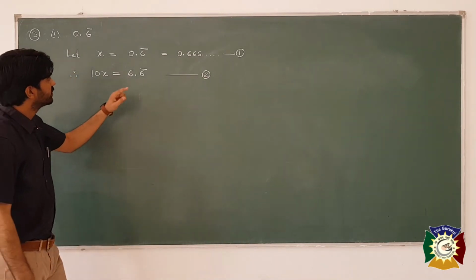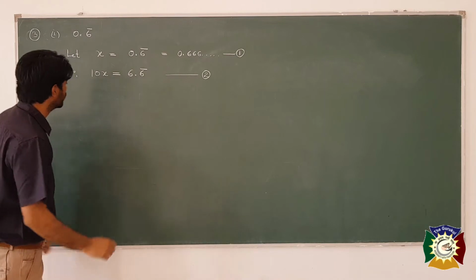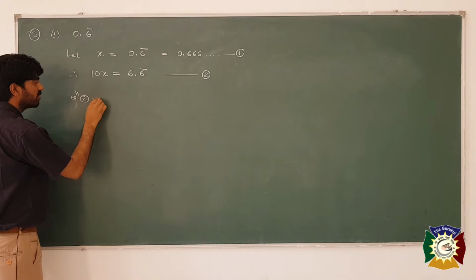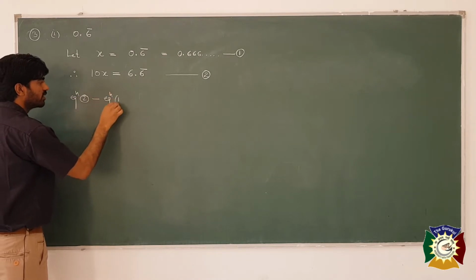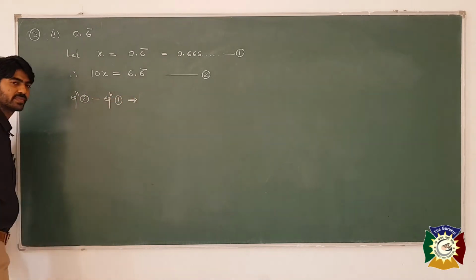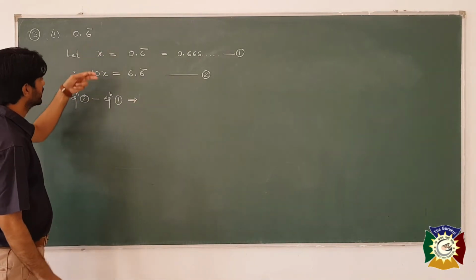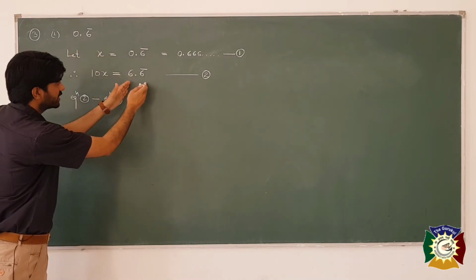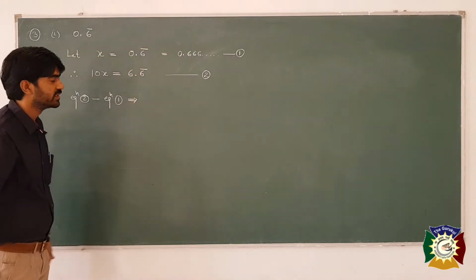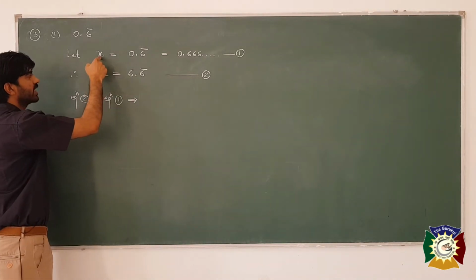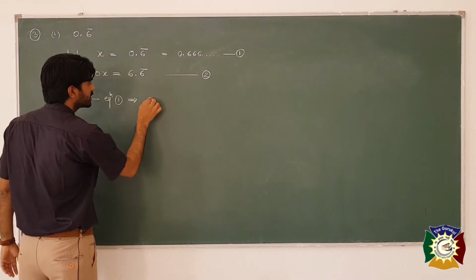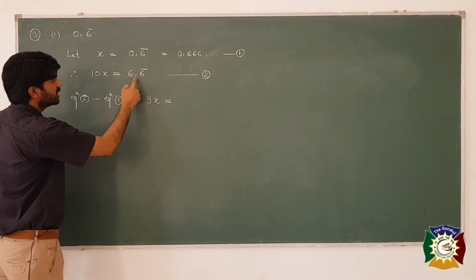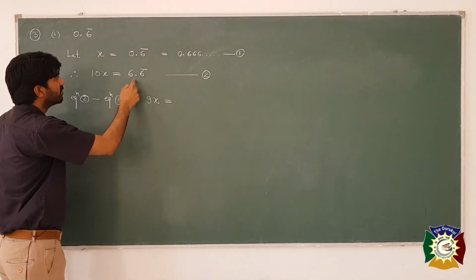Now if I subtract equation 1 from equation 2, the operation I am writing is equation 2 minus equation 1. What will I get? It means from the left hand side we subtract the left hand side, from the right hand side we subtract the right hand side. So 10x minus x is 9x, equal to 6.6 bar minus 0.6 bar.